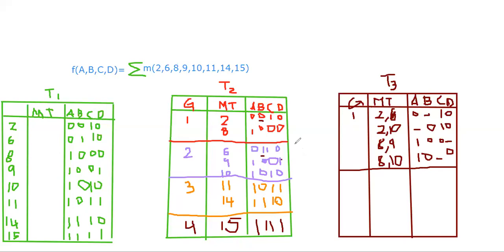Now we have to compare group 2 with group 3. I will compare 6 with 11. There are more than one difference, so we cannot group 6 and 11. I'll compare 6 and 14. There is one change in bit position A, so I will group 6, 14.